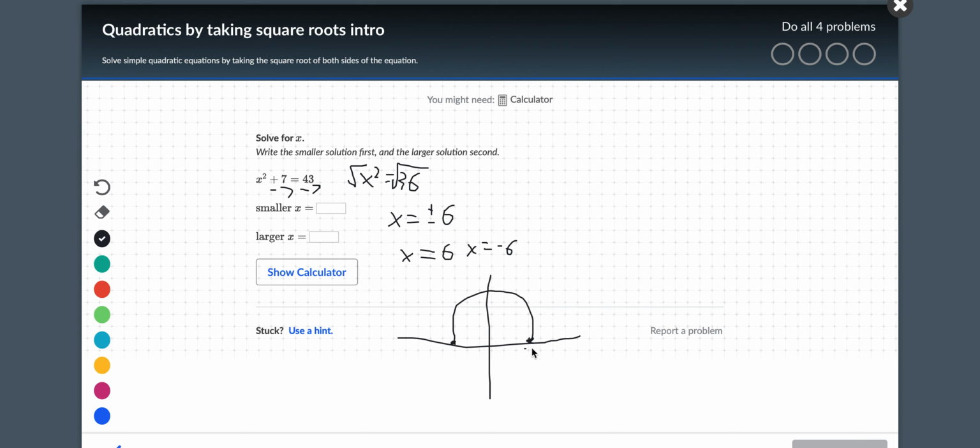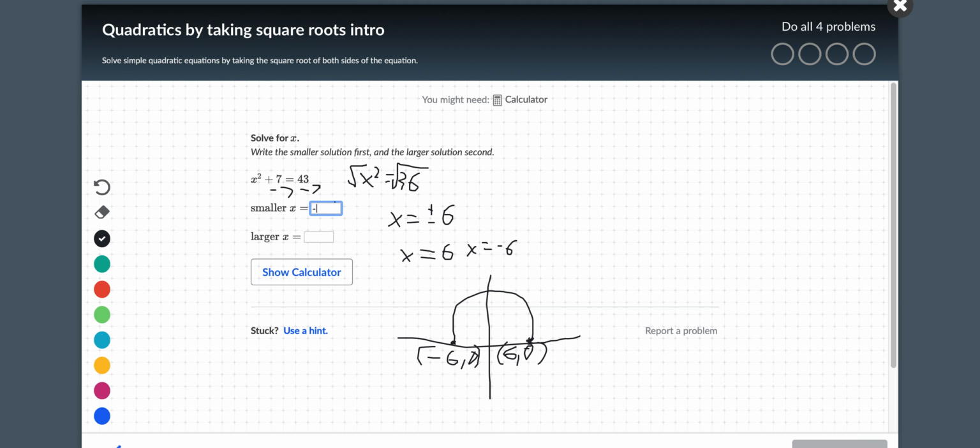And they're crossing it at 6, 0, and they're also crossing it at negative 6, 0. The smaller of these is obviously negative 6, and the larger is 6.